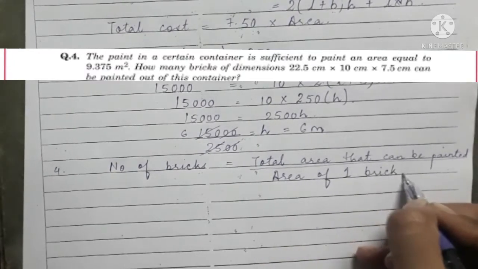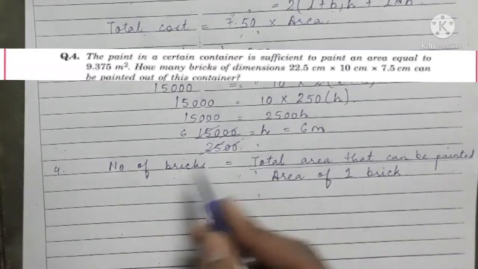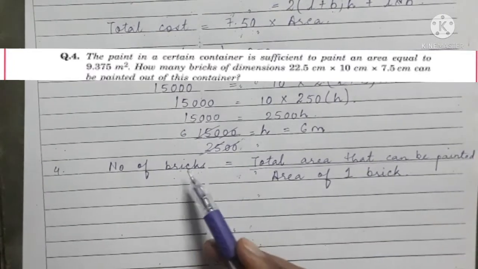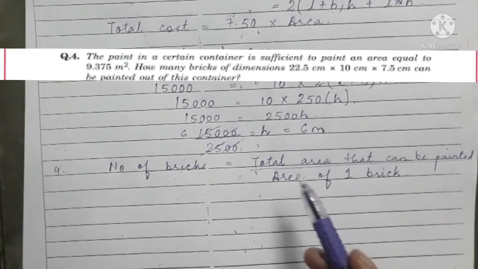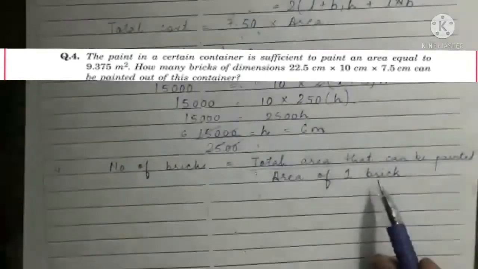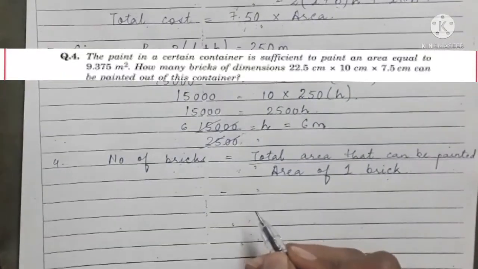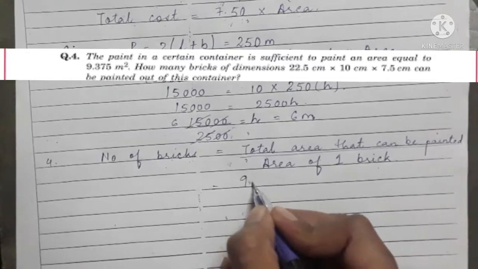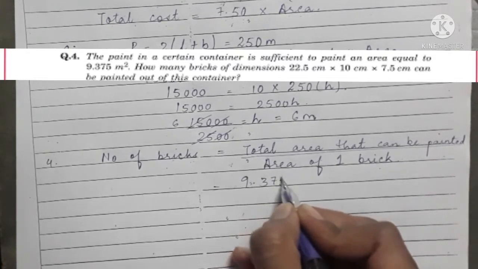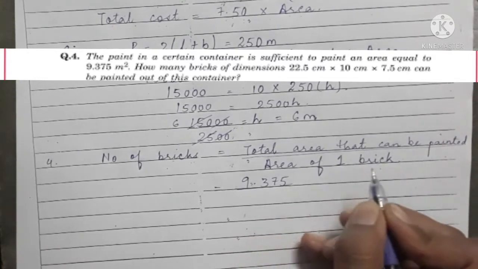Wherever you have to find the number of anything, you use this formula. Number of bricks is equal to total area that can be painted divided by area of one brick. So the total area that can be painted is 9.375, right? And area of one brick.